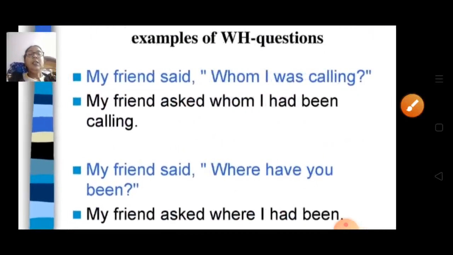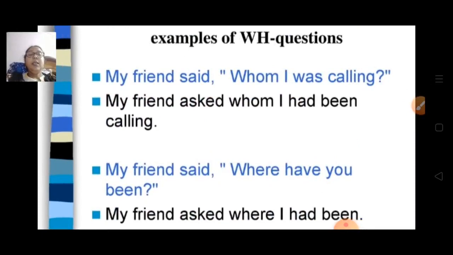Now let's see more examples of WH questions. My friend said, "Whom was I calling?" Now here you can see because it is written in past continuous tense, it will change into past perfect continuous tense. My friend asked whom I had been calling. Now next example, my friend said, "Where have you been?"